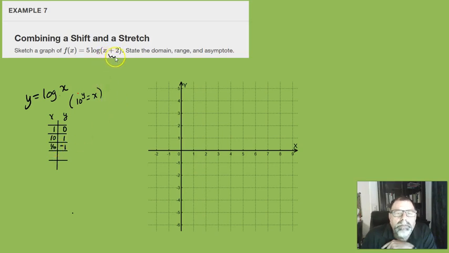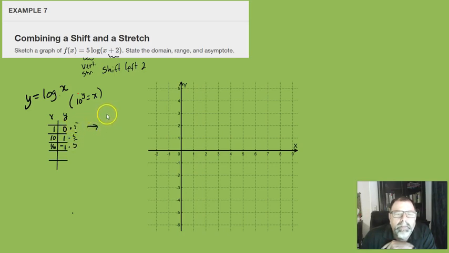The plus 2 is going to shift it left 2. And then we're going to do a vertical stretch by a factor of 5. So I'm going to take these y coordinates and times them by 5.